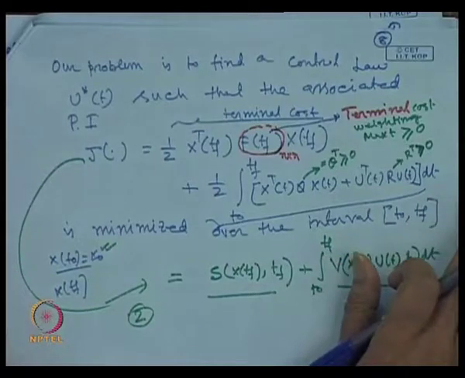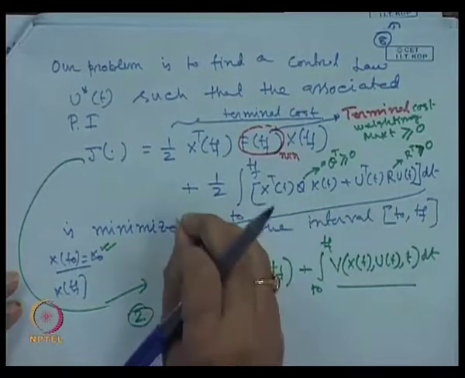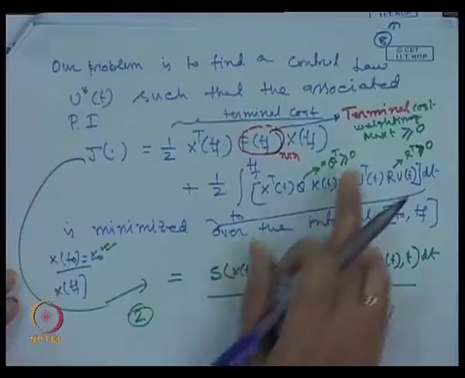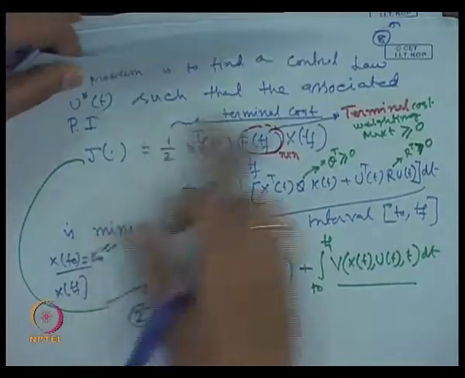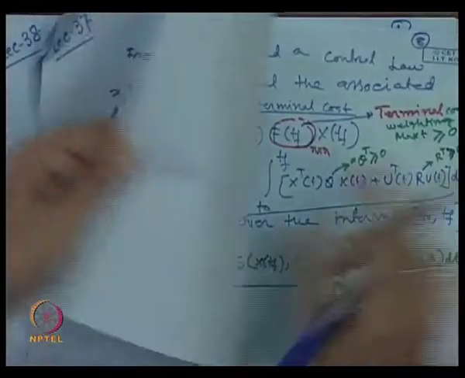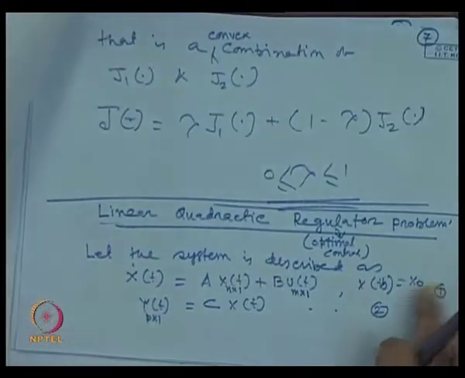In other words, our aim is to find a control law that will drive the state x at t equal to t 0 to a finite time t equal to t f, near the origin or near the zero state. What should be the choice of u so that it minimizes the performance index? Not only that, it must also satisfy our given dynamic equations 1 and 2.